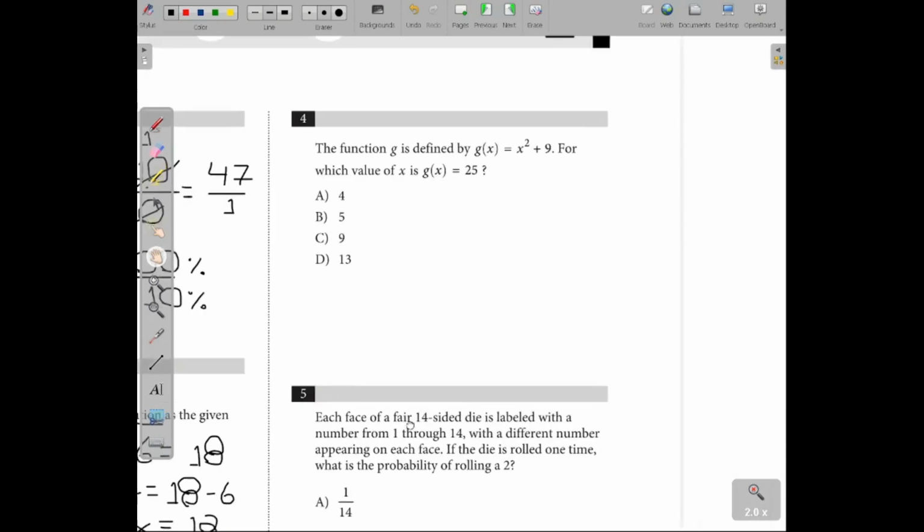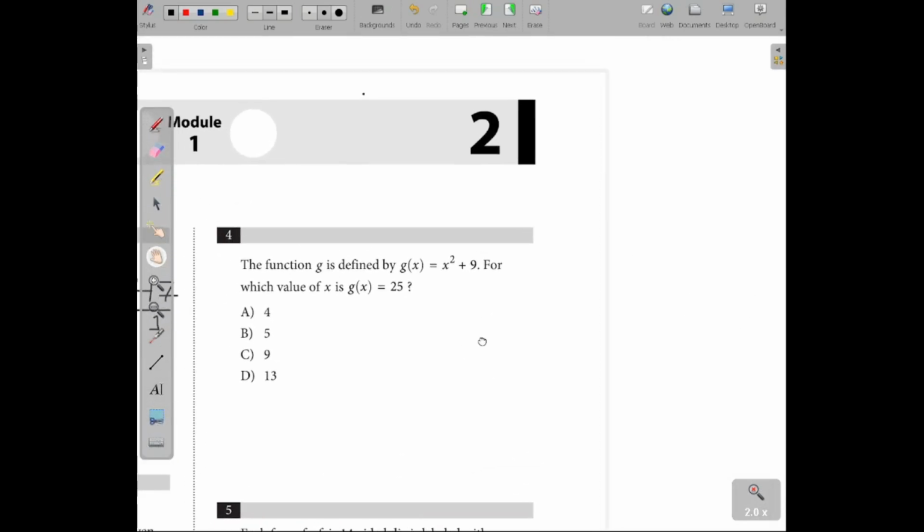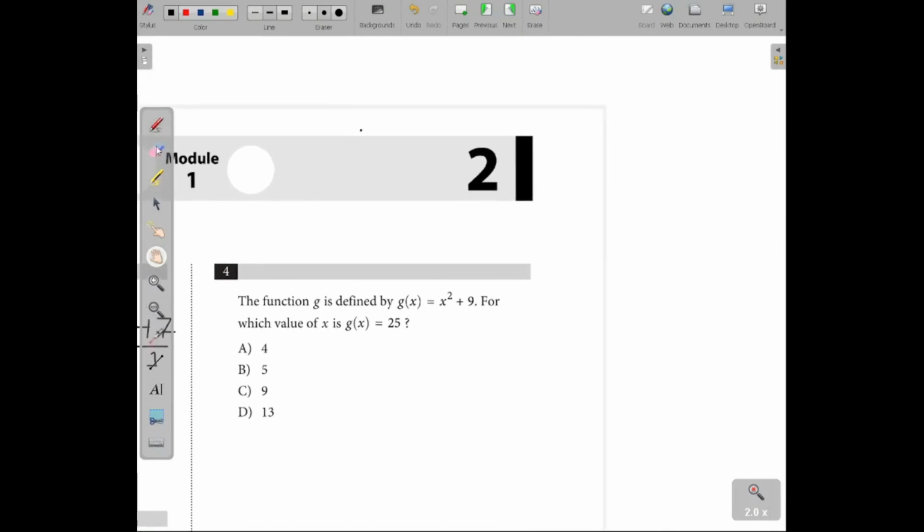Now for number 4. The function g is defined by this function. For which value of x is the function 25?